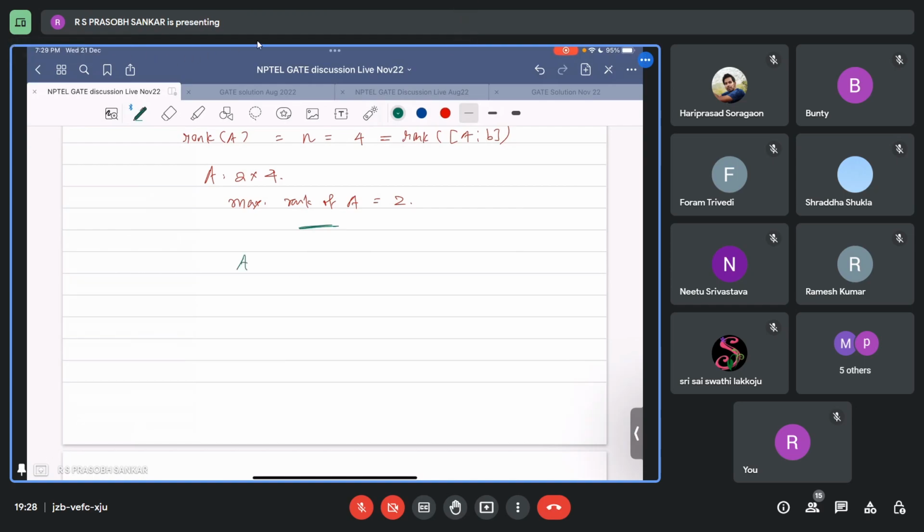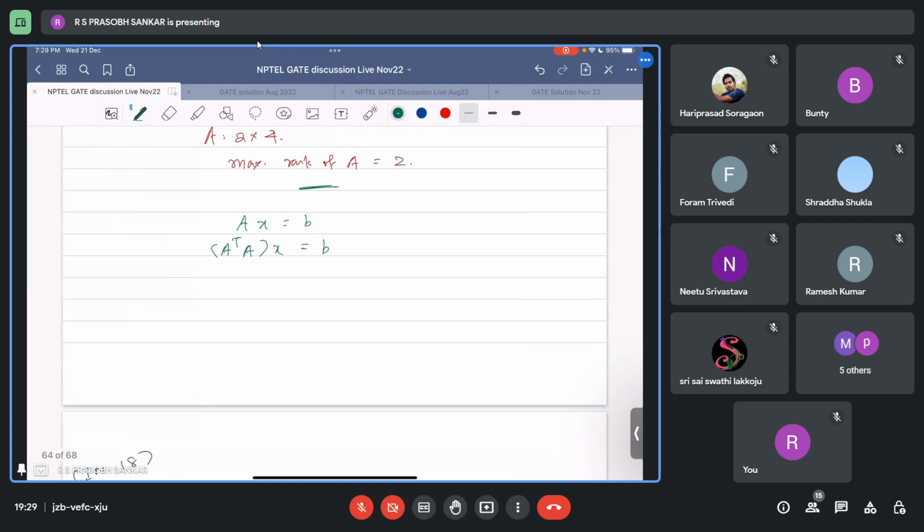So what do we have? We have Ax = b, so A transpose A x = A transpose b. They're asking, is it possible?